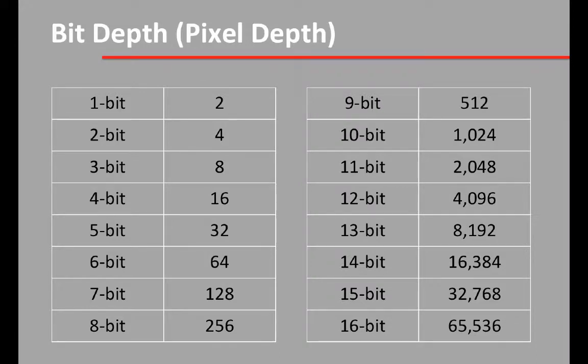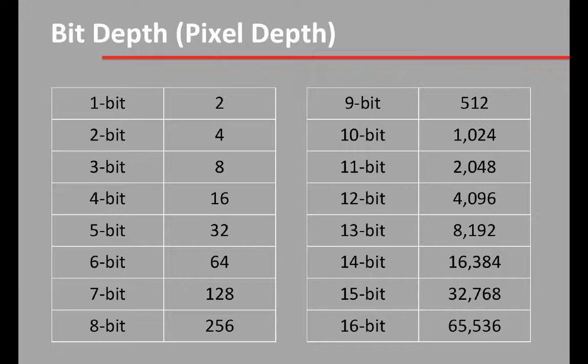Now, if you remember from our pixel depth lecture, the bit depth determines how many different variations of tone were able to be produced. So in an 8-bit depth image, we had 256 different tones, and that was considered the threshold of photographic quality. 256 was equivalent to the appearance of continuous tone prints.